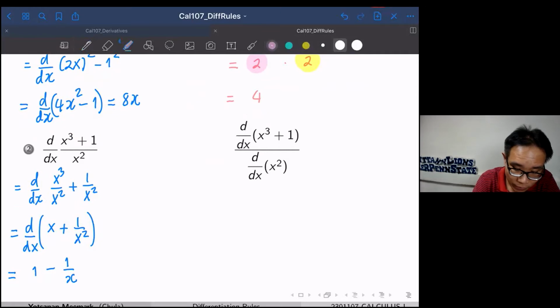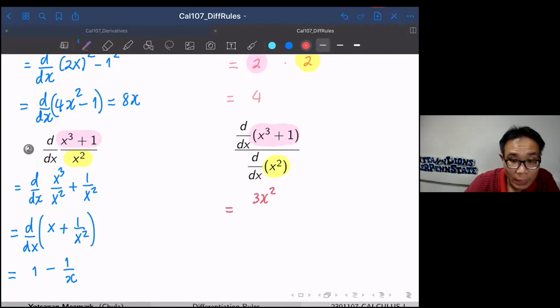Again, this is the quotient of the pink function and the yellow function. If you find the derivative of the pink function and the yellow function directly, you would get d/dx of x cubed on top, which is 3x squared, and d/dx of x squared, which is 2x.